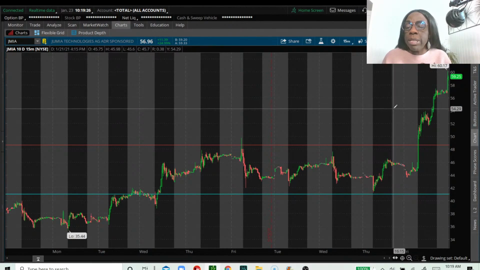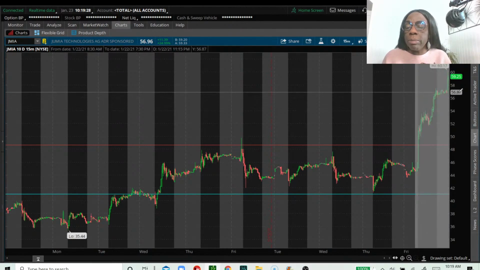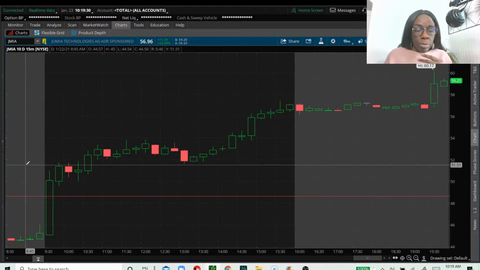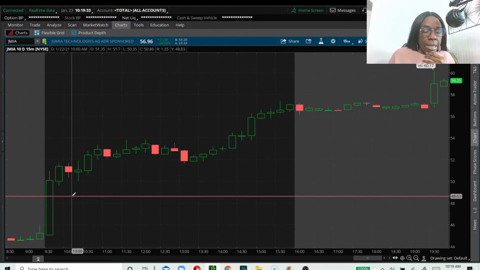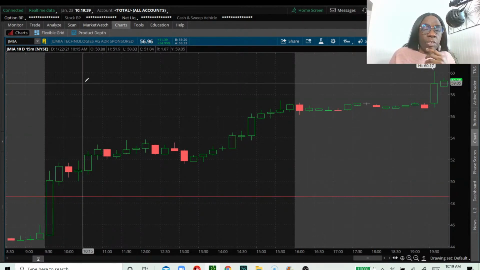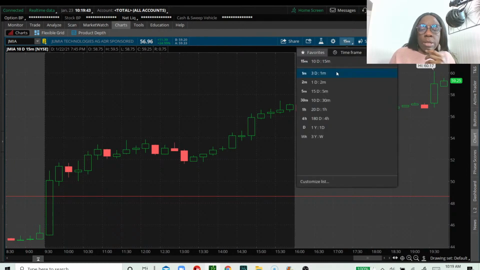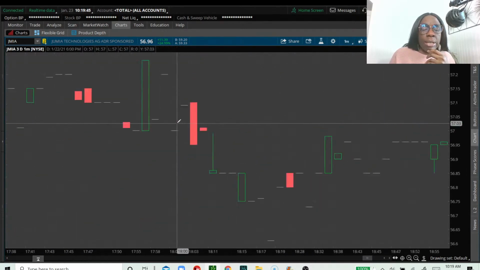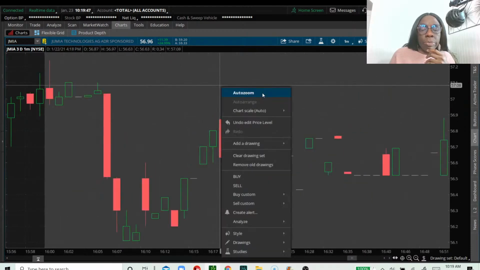So this is the 15-minute time frame. So this is that level. This is like the day before, price action just ran up. And if I'm looking at this trade, this 15 minutes or even the 1 minute, let's go down to the 1 minute. I usually enter my trades on the 1 minute time frame.